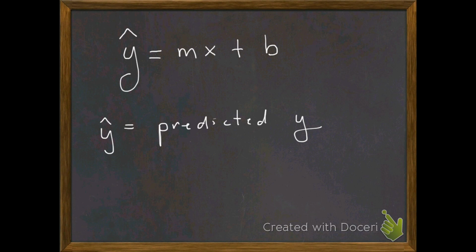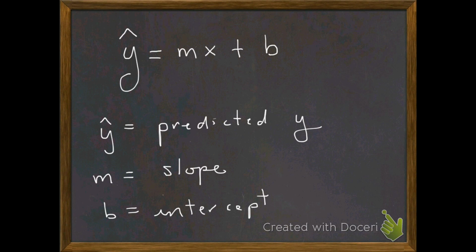Now you probably know that in y equals mx plus b, m stands for the slope and b stands for the intercept. Well, I'm going to change that up a little bit, for a reason that will make sense later on. I want to change this to the form y hat equals a plus bx.